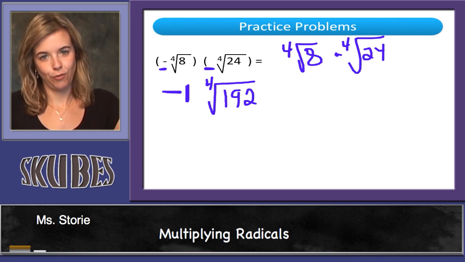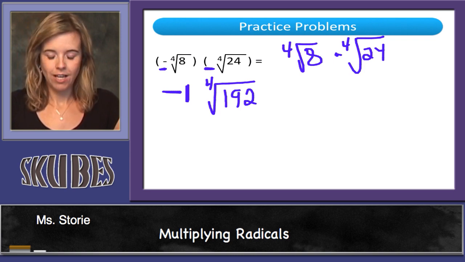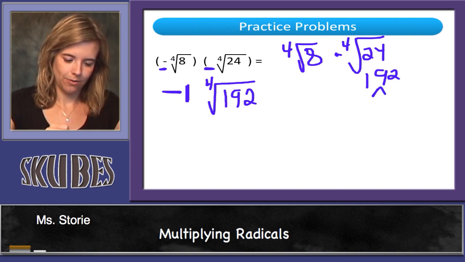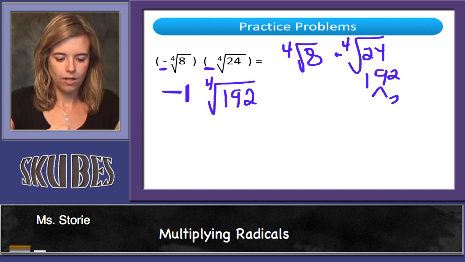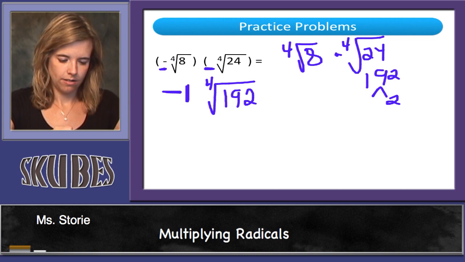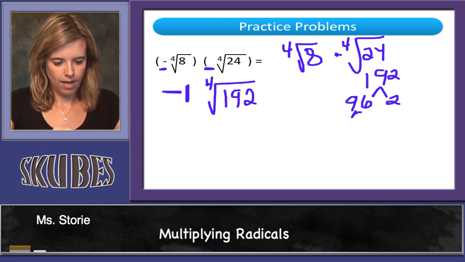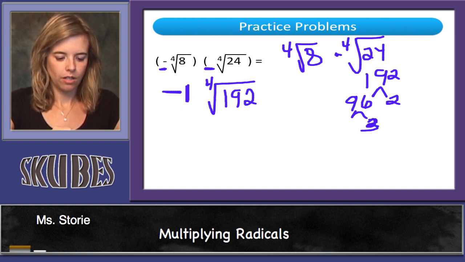There's no way 192 is fully factored down, so we're going to have to take it and factor it down. So if we do 192, we can go 2 and, well, let's do 96, and then we can do another 2. Actually, let's do 3.